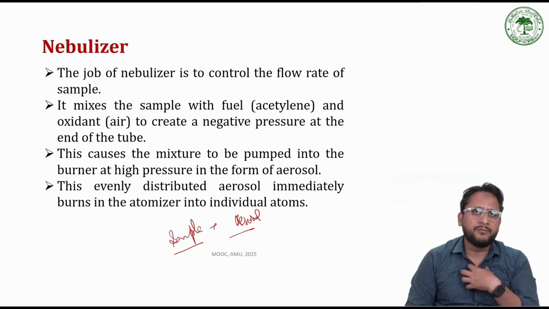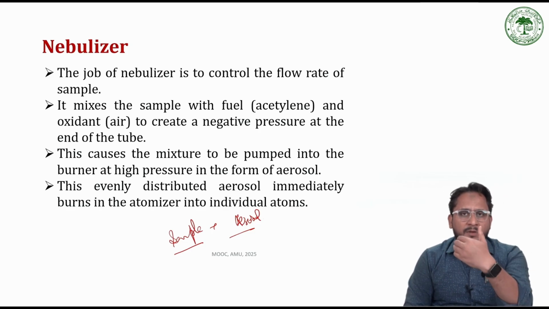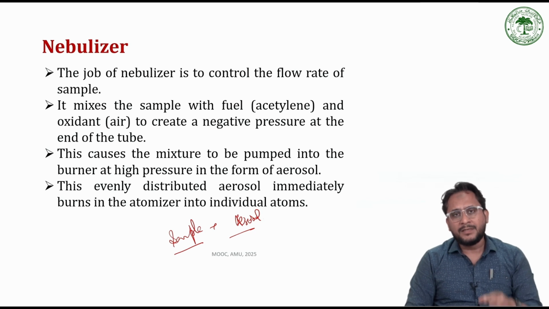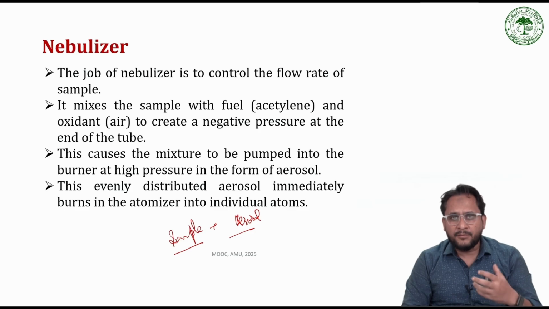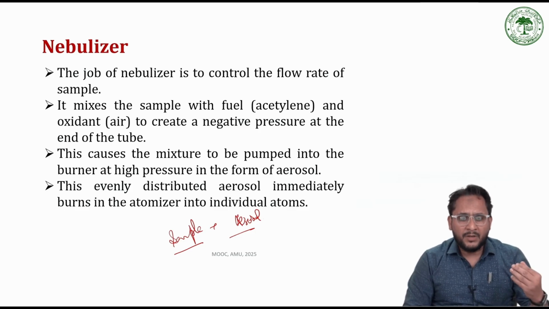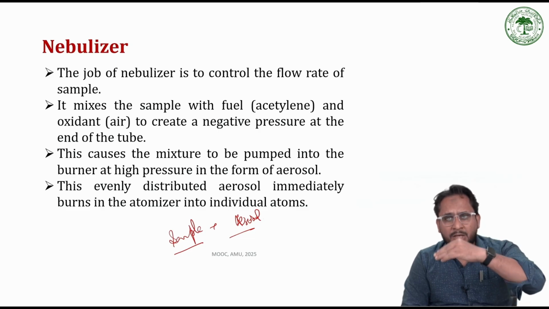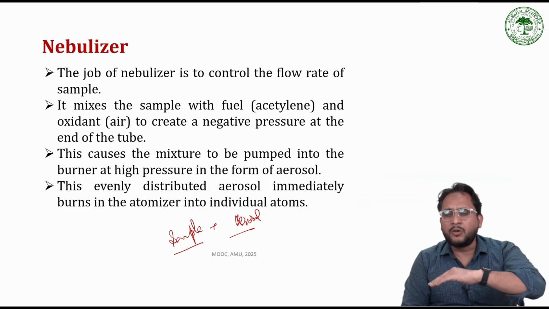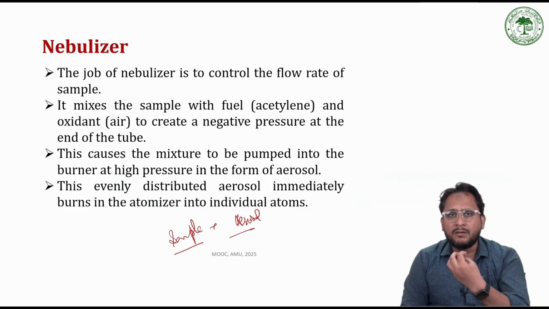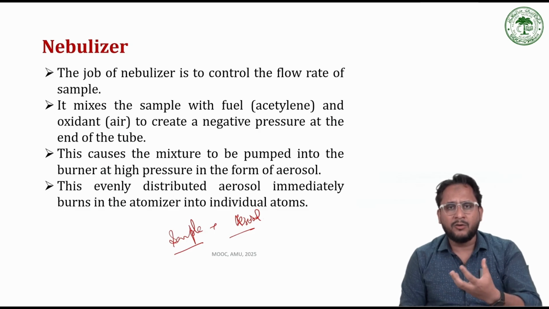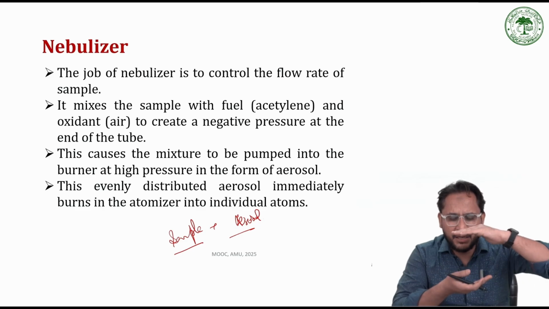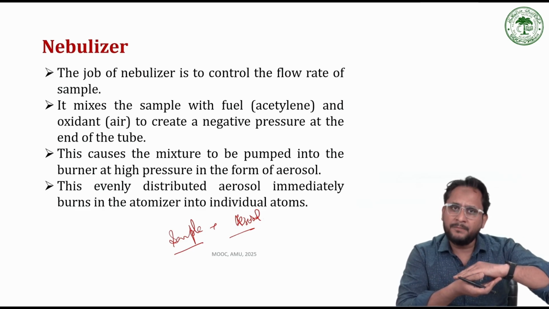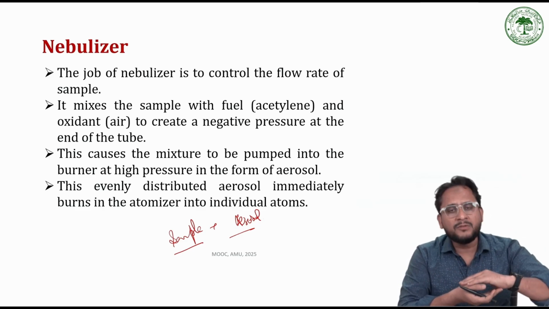For example, if the sample is running at a very fast rate, then that means a high amount of sample enters the atomizer. If the volume of the sample is high, then there are chances that it may extinguish that atomizer, which means that, for example, if you are lighting a flame for heating or atomizing the sample, and if more volume of the sample is coming, it may extinguish that flame, or it may reduce the temperature of the flame.